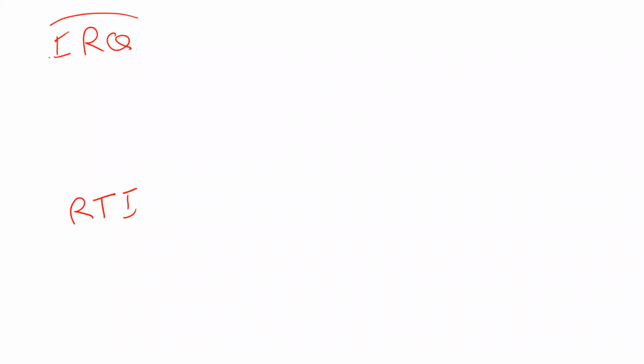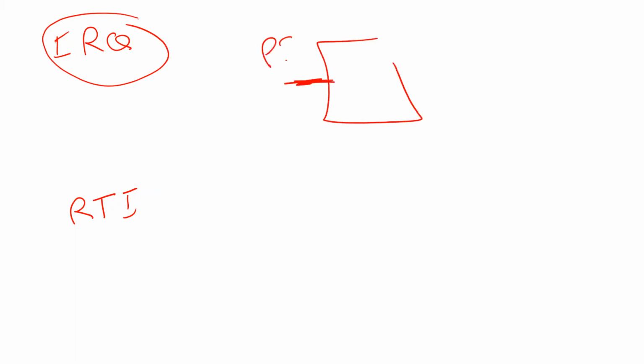Let me remind you what IRQ is. We have a pin, which is PE2 as far as I remember. Every time there is an event on this pin, you trigger an interrupt.